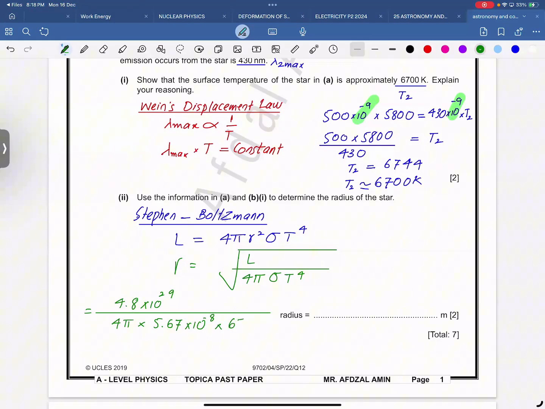Temperature 6,700 power 4, square root. Since they ask you to show that, I am using the same value of the temperature. 10 power 10 meters.